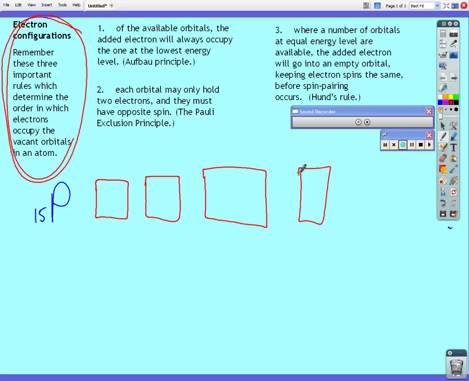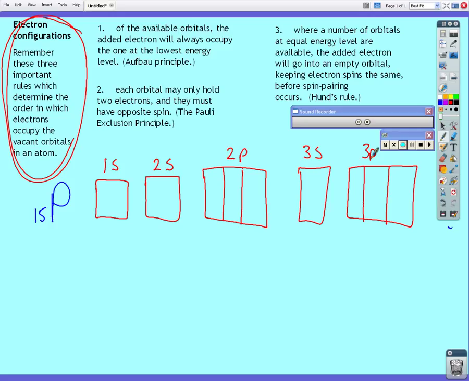We've got here a 1s orbital, a 2s orbital, the 2p orbitals, well, there's actually 3 of those, and a 3s orbital, and then we've got some 3p orbitals, and there's 3 of them. So those are the orbitals we've got available.